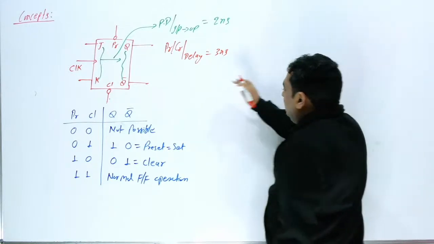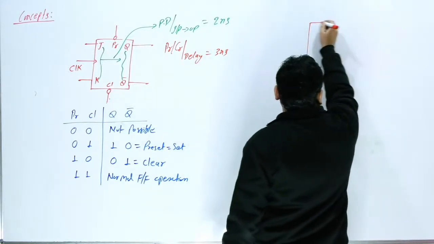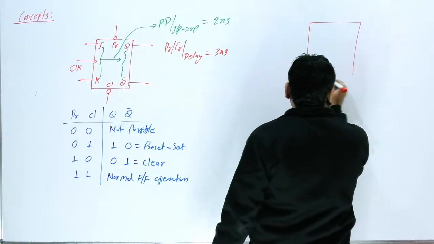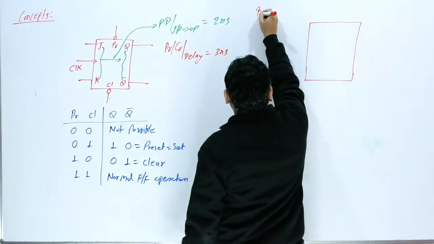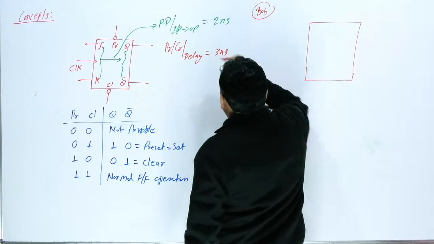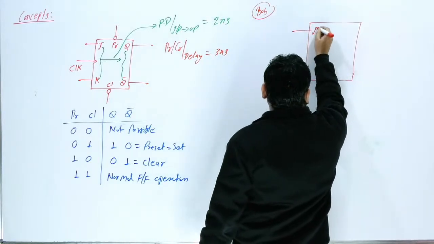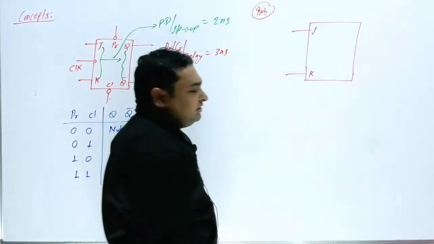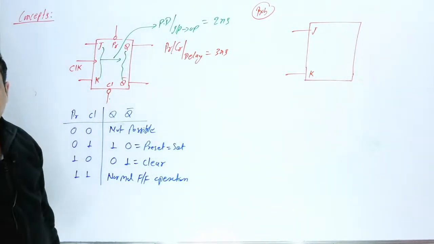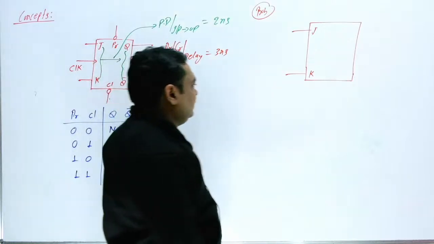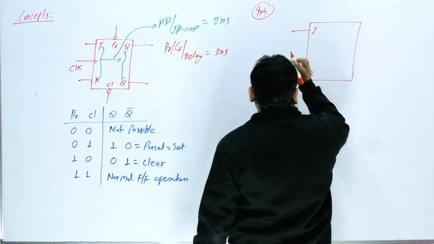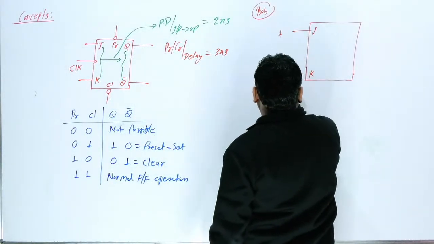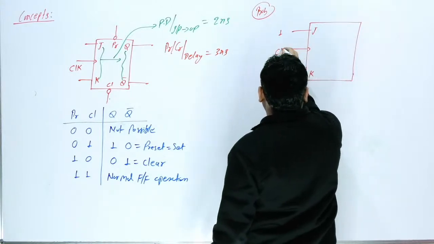I am going to provide one problem here, so note it down. Suppose this is J and this is K, and both inputs are, for example, 1, and this is your clock.